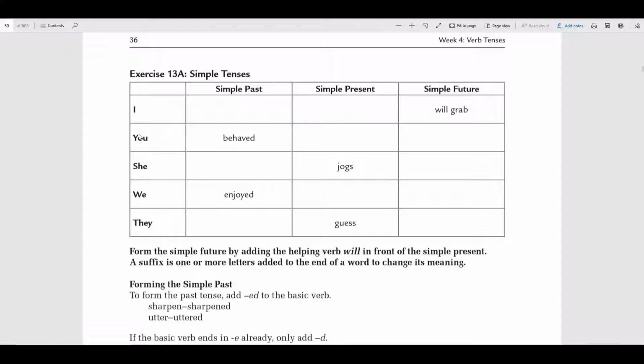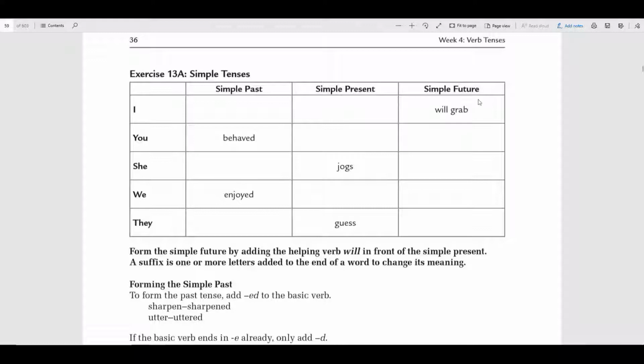Here's you. Simple past, behaved. Simple present, behave. It'd be just like this without the D. Just behave. That's right now. And then simple future is will behave.